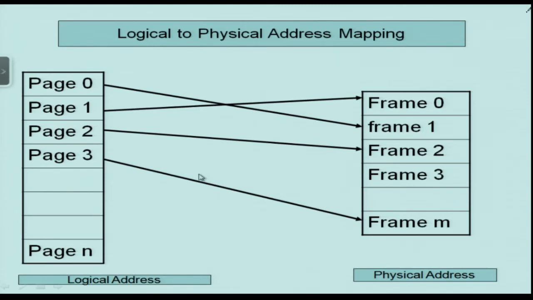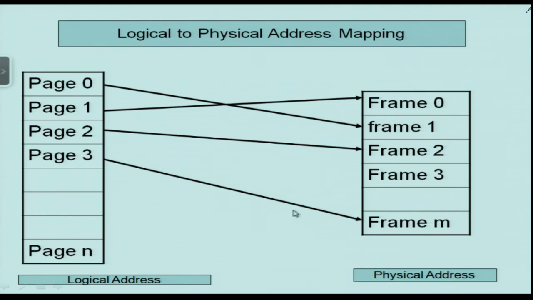Here is an example of a logical to physical address mapping. Usually the total amount of physical memory available in the system is much lower than the logical address space.